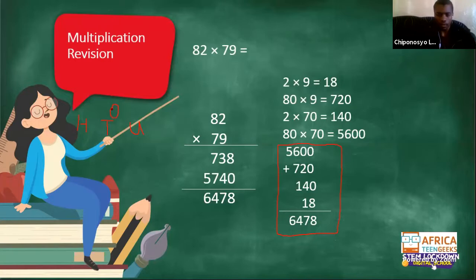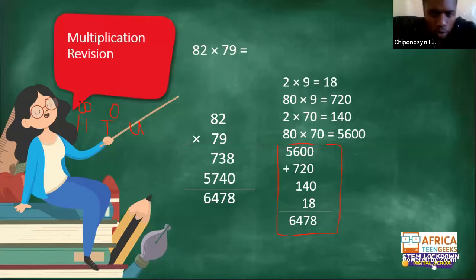What is a placeholder? It makes sure that whatever answer you get, you did multiply it in the sense of the tens place. With 100, the placeholder is what? 0. Why? Because whatever you multiply must be in the hundreds place.